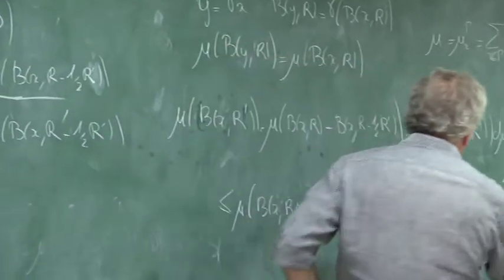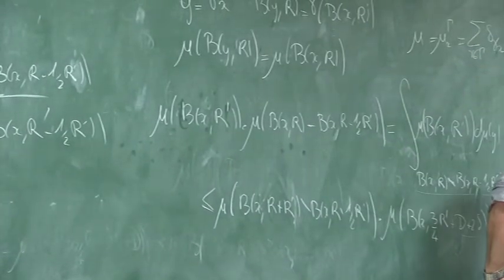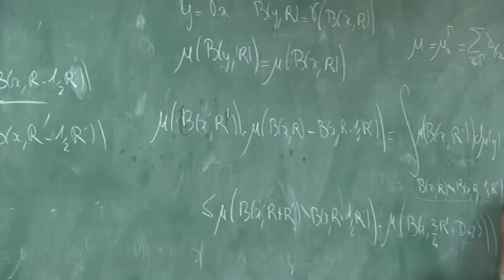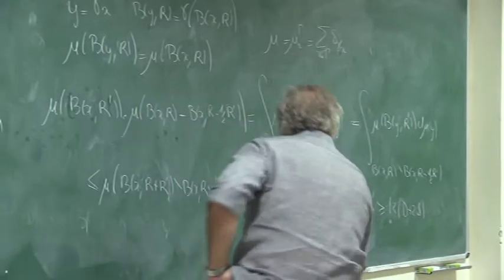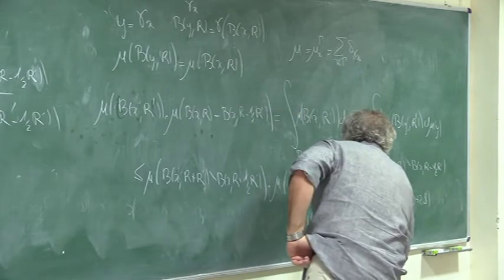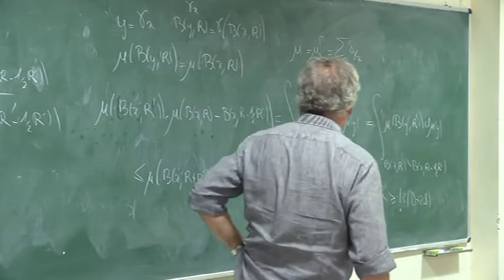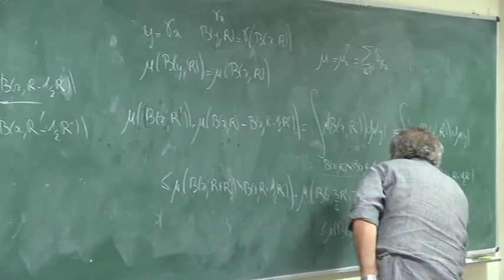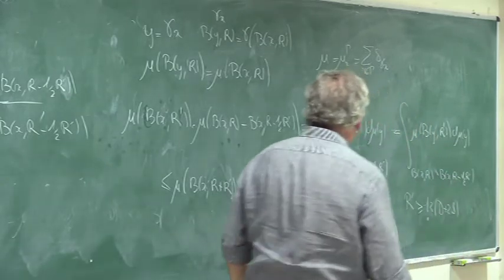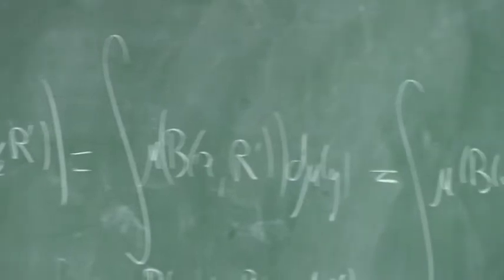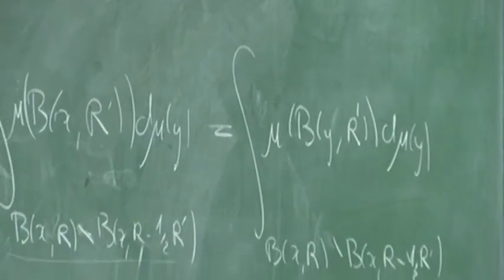But r prime is assumed to be greater than 12 times d plus 2 delta. So this is greater than a ball around x of a larger radius, which is 3/4 of r prime plus 1/12 of r prime, and 3/4 plus 1/12 is 5/6. So you see it's just an application of the previous one.